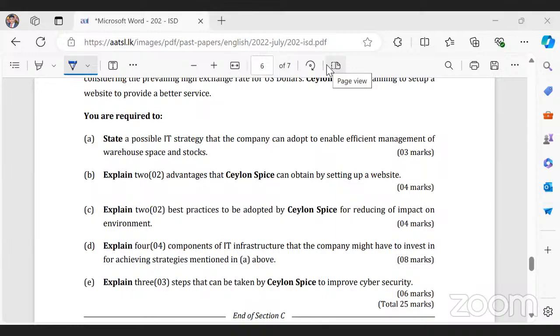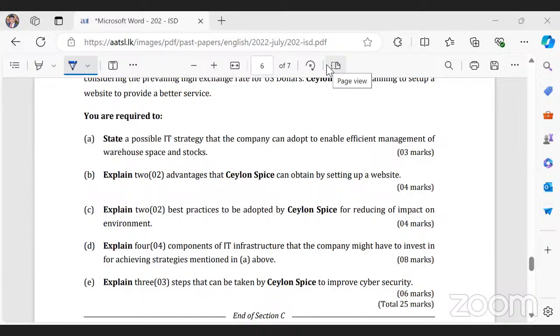Those software are not updating, but threats are updating, so there may be many loopholes and many risks. And using antivirus software, up-to-date antivirus software, and updating their operating system. If there is an update, definitely they have to update it, right?